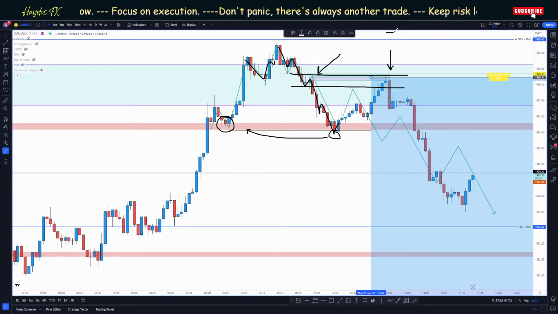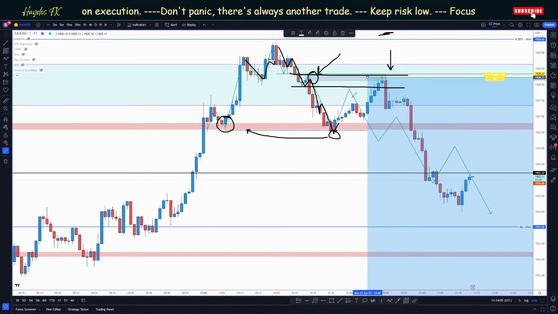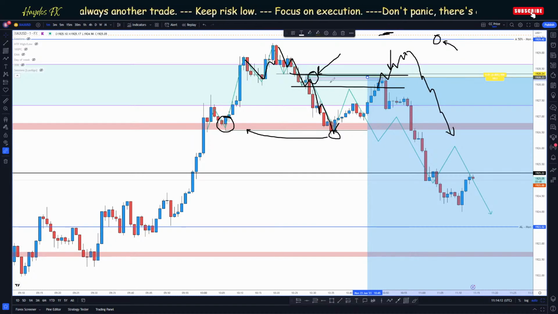But I was keeping a wider stop loss just because I didn't notice that at the start, and because I had that Asian 50%. So to me, it wasn't a perfect hit. I was a little bit cautious if it did want to drive up higher. I was confident on the sells, but I didn't want to lose a trade because my stop was too tight.